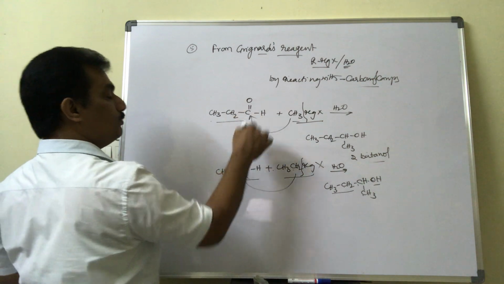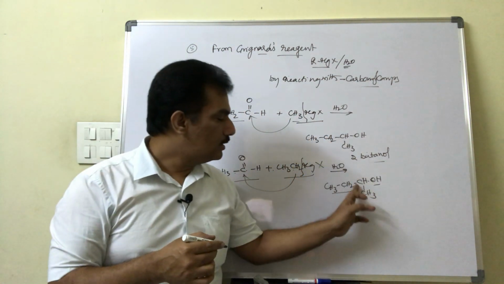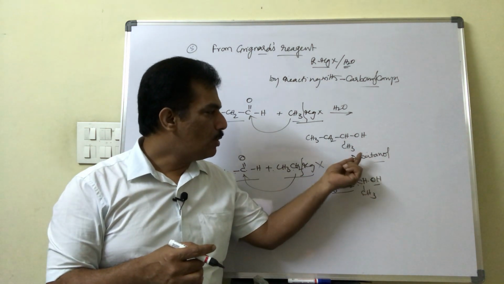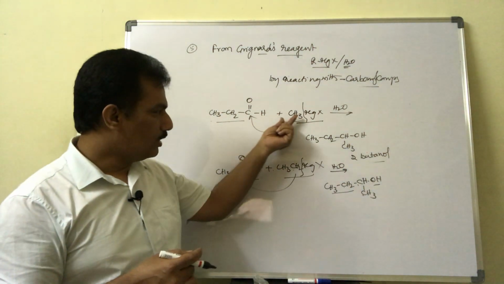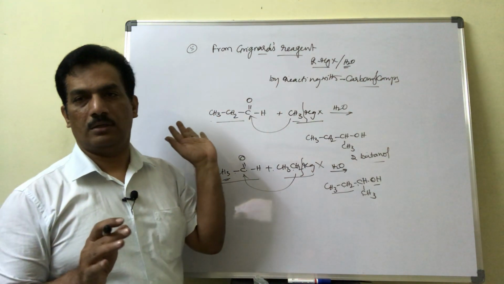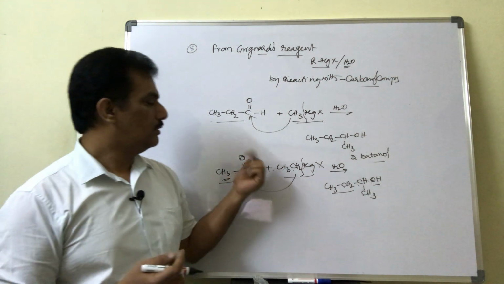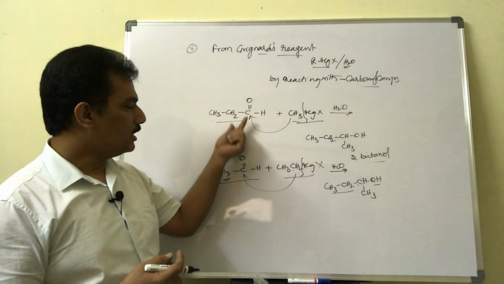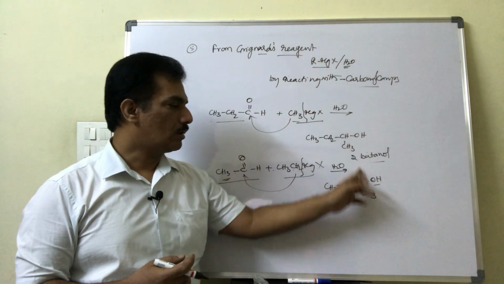So by using different substrates and different Grignard reagents, we can prepare the same alcohol. Here in secondary alcohol, you remember one of the alkyl groups is always from Grignard reagent and the other alkyl group is from aldehyde. That's why we can use different alkyl groups in Grignard reagent, and by taking different carbonyl compounds we are getting the same alcohol.